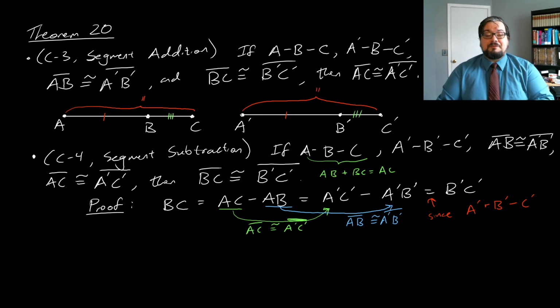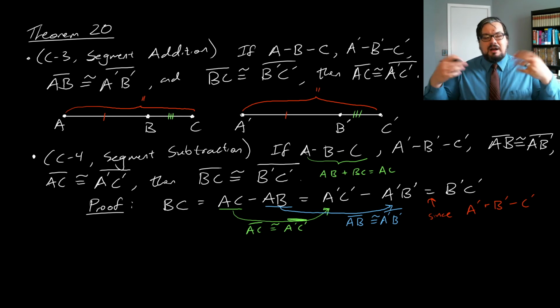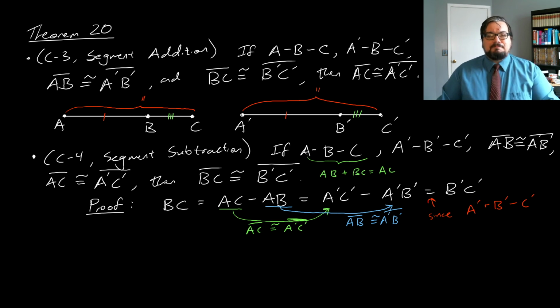So again, using the fact that A prime B prime plus B prime C prime equals A prime C prime, but just rearranging it. And that's basically all there is to the proof. The full proof will have some more, a conclusion and a little bit more words to help the reader along, but that's the idea behind it.